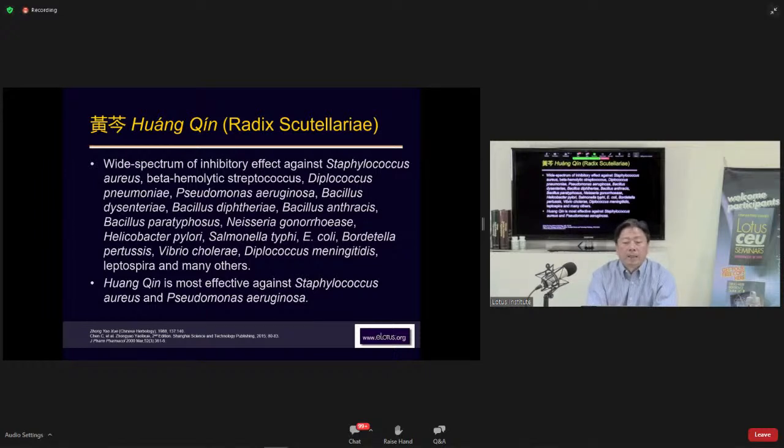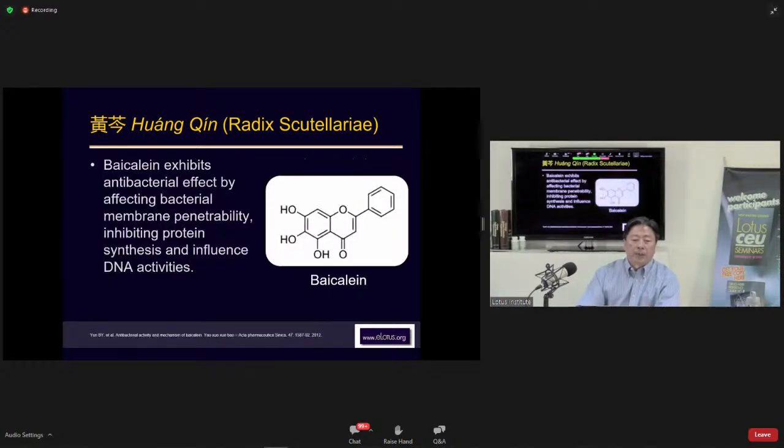So once again, it's a very powerful and very broad spectrum herbal antibiotic. And of all the microorganisms, it's most effective against Staphylococcus aureus, which is one of the most common pathogens, and Pseudomonas aeruginosa, which is one of the hardest to treat pathogens. So it's effective against the most common and also most difficult to treat bacteria.